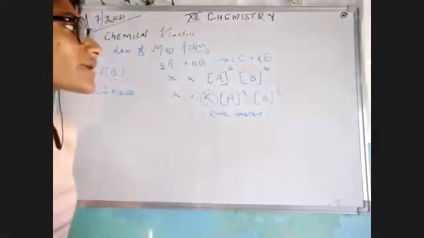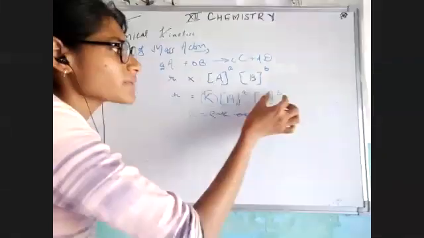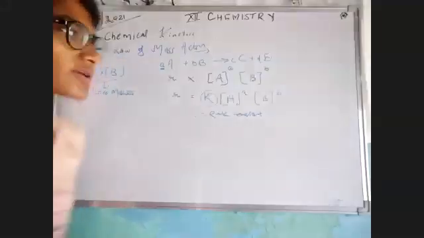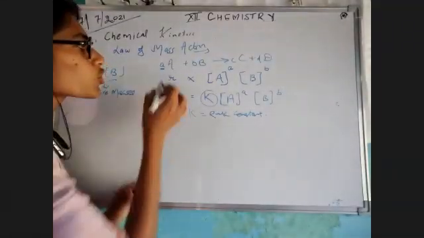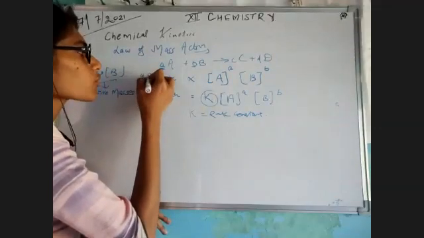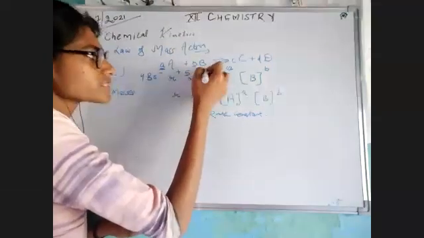We have understood that the stoichiometric coefficient which is raised as a power may be equal to it or may not be equal to it. Listen again: I'm saying the stoichiometric coefficient, suppose I'm saying bromide plus 5 H positive.